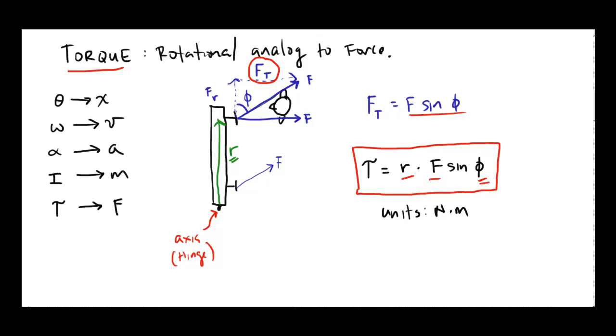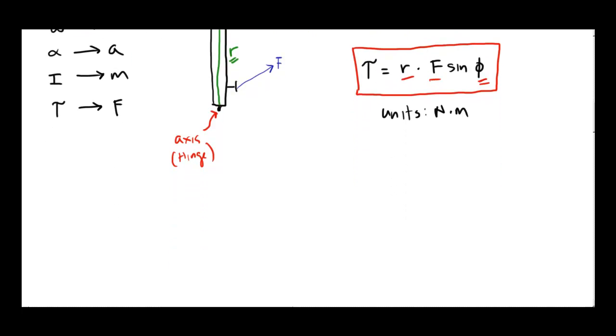Okay. One other way we could express this, I want to point this out. Let's imagine we had a different situation. Rather than using a door, which is a familiar example, maybe we've got this crazy oblong thing. And maybe this crazy object has an axis of rotation right there. This is the axis.